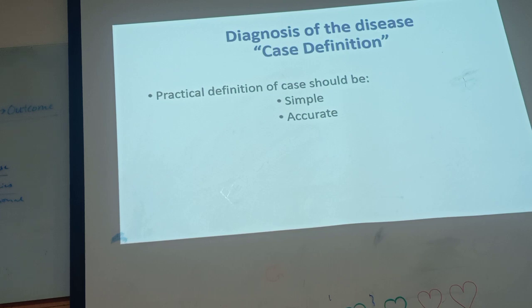But the first step in doing a case control study is the definition of cases. Who is the case? What's the diagnosis? When we want to study coronary heart disease or cardiovascular disease, who has cardiovascular disease? It's very important to have a clear and explicit criteria for the diagnosis of that specific disease.